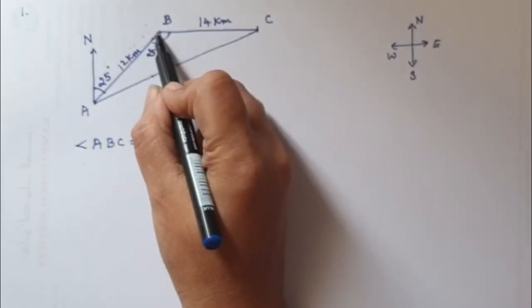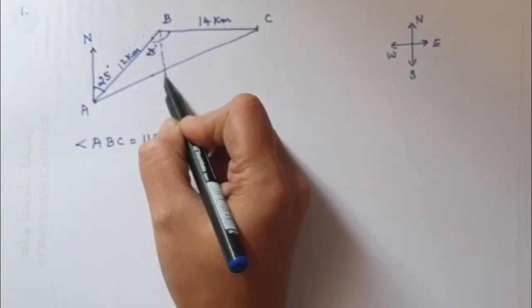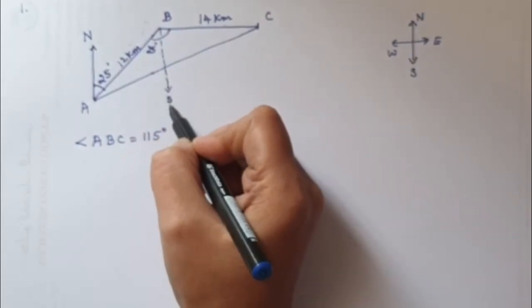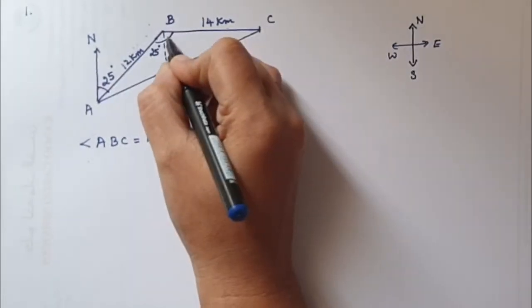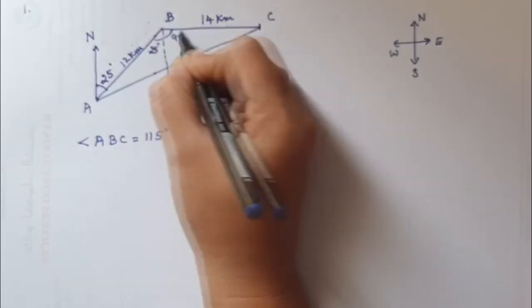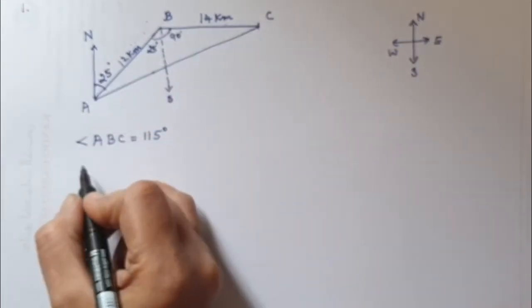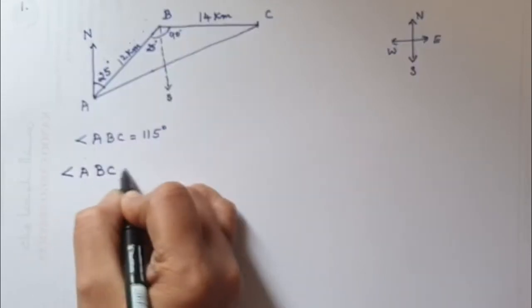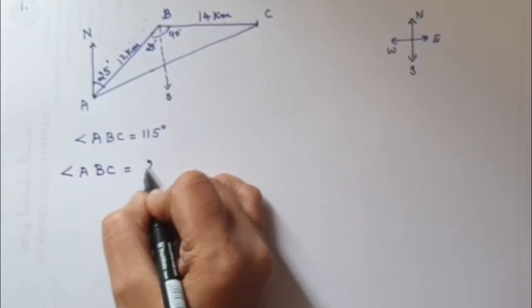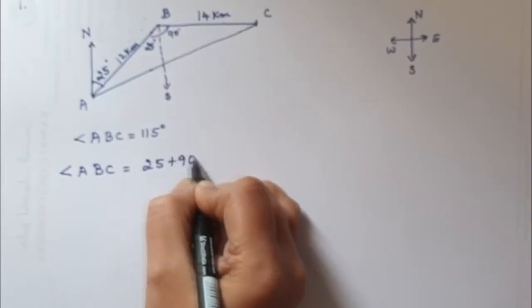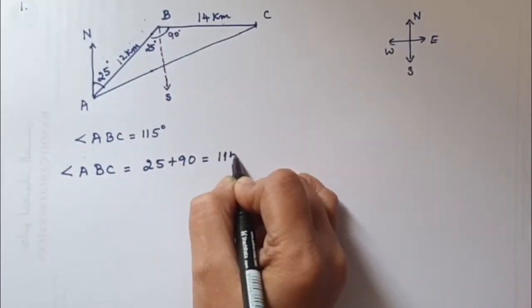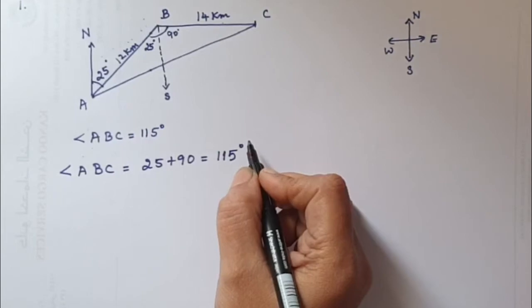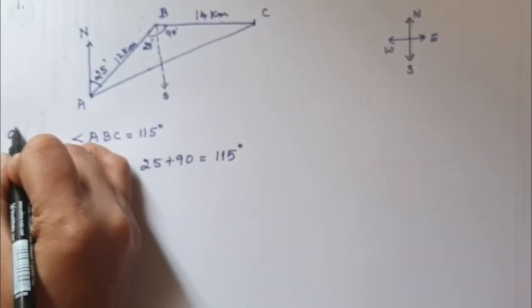And then this is east and this is south, towards downward. So this angle will be 90 degrees. So our angle ABC will be equal to 25 plus 90, which is equal to 115. This is our part A, we have shown it.